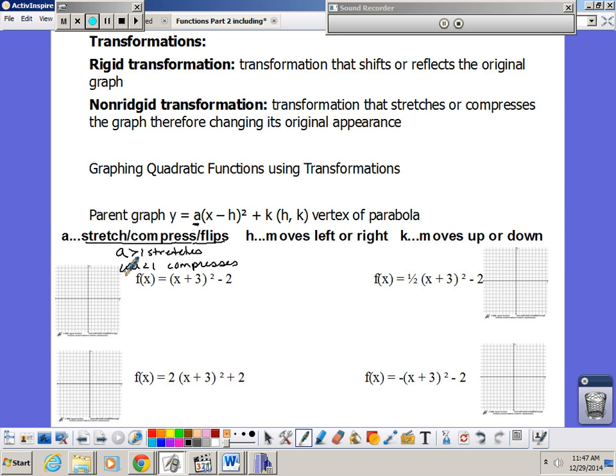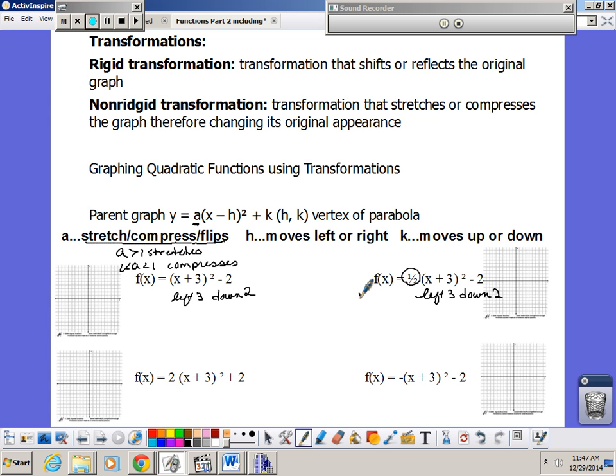Okay, and H moves it left or right because it's the x-coordinate of the vertex, and K moves it up or down because it's a y. So just looking at this one, because it's plus 3, it's going to move it left 3 and down 2. This one's going to move left 3, down 2.